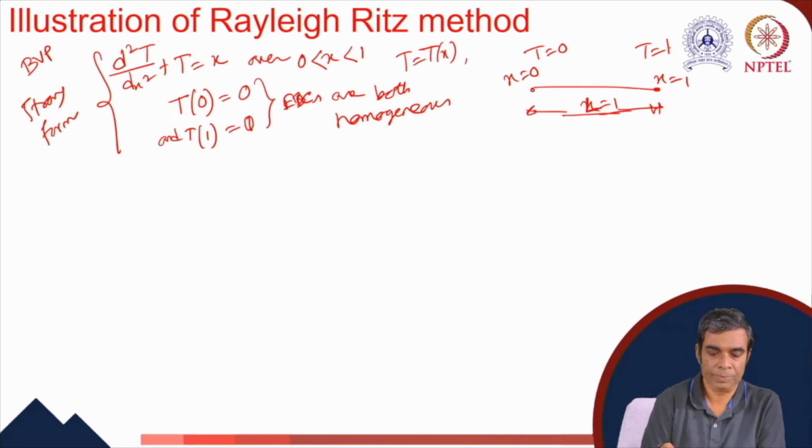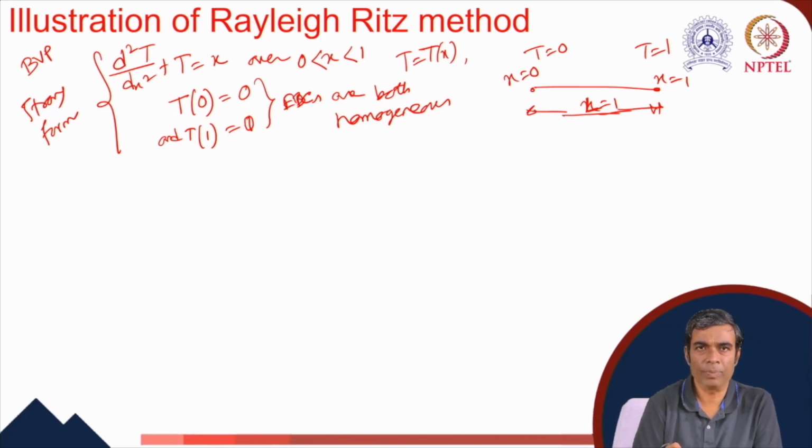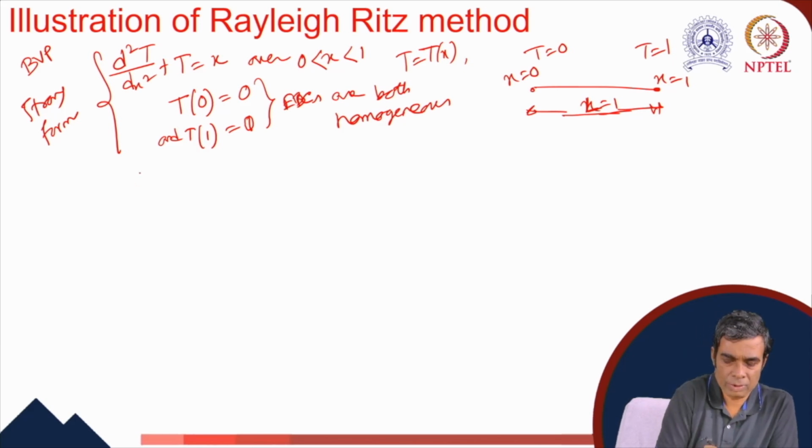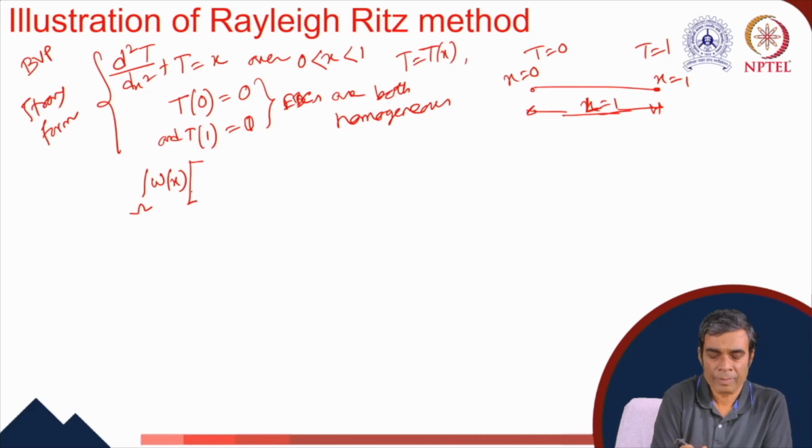Now to find the weak form from this strong form, let us start with the integral form of the governing equation. So the integral form of the governing equation is integral over omega, the weight function, into the strong form represented in terms of the approximate solution.